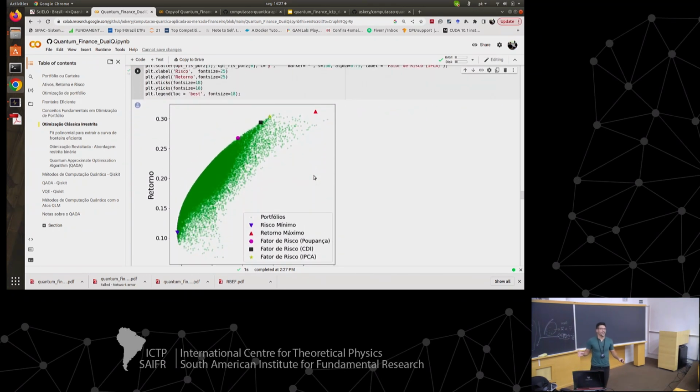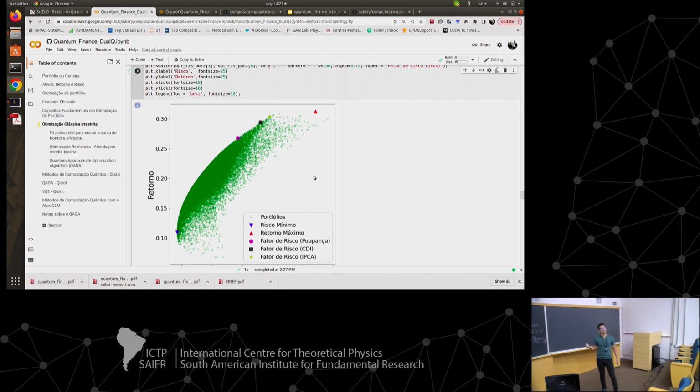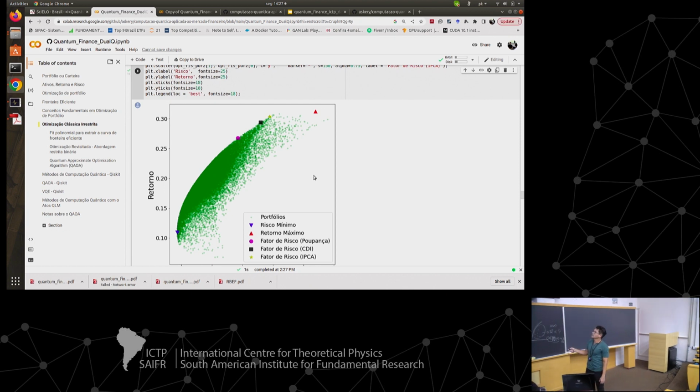I will ask a question before you all sleep. If I give you some points, how do you compute the frontier? So far, I have by hand this example, this example, this example.